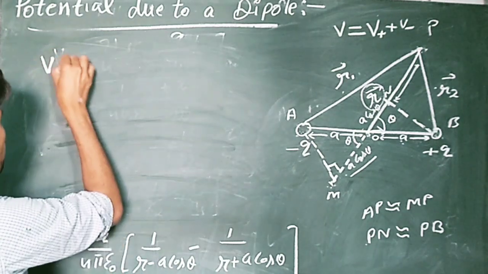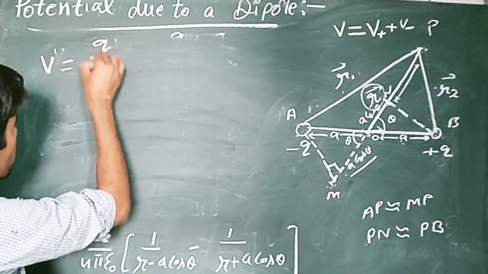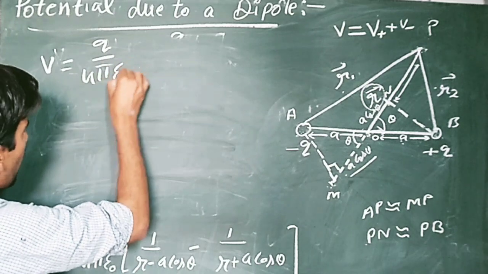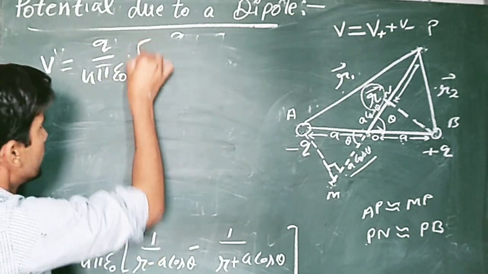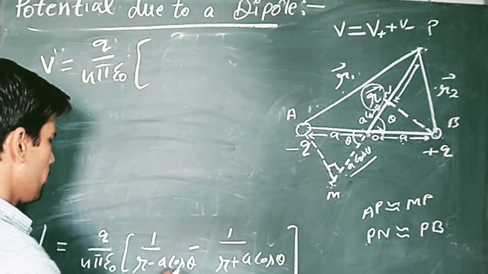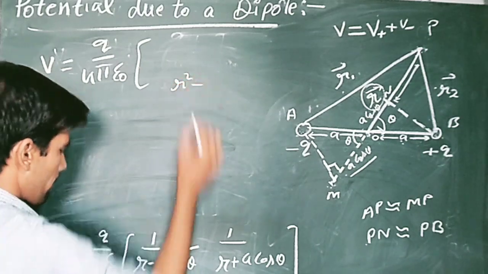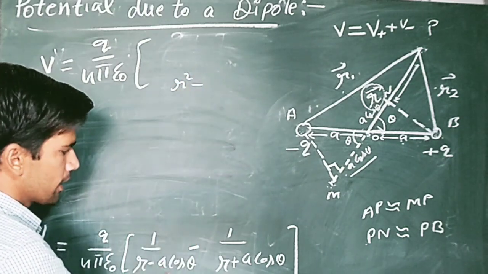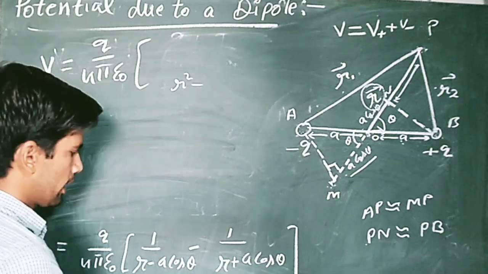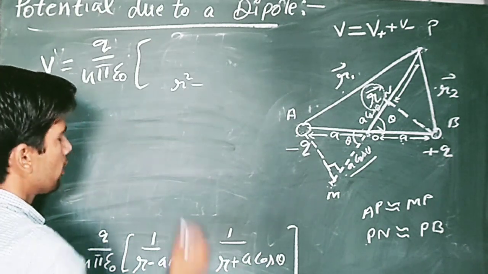Potential V is equal to q by 4 pi epsilon naught, taking the LCM. Now the LCM is r minus a cos theta into r plus a cos theta, which is r square minus a square cos square theta.